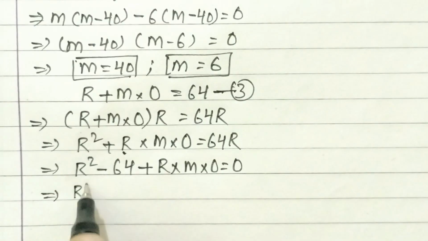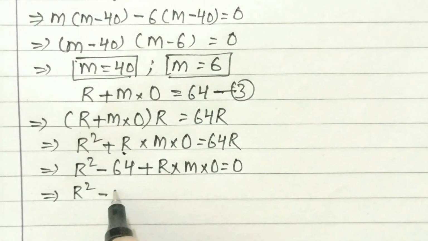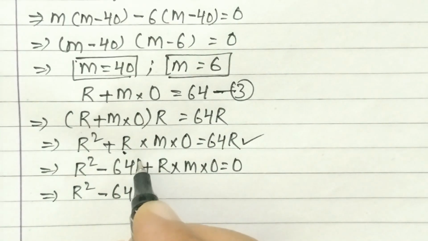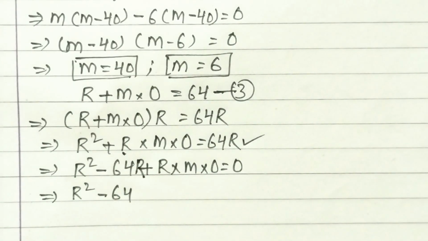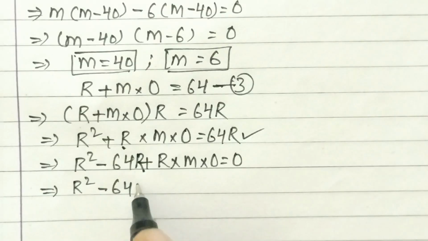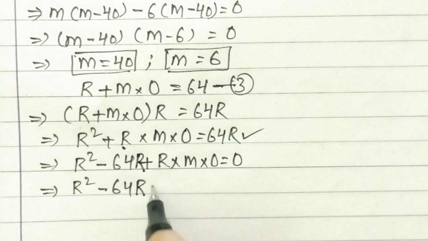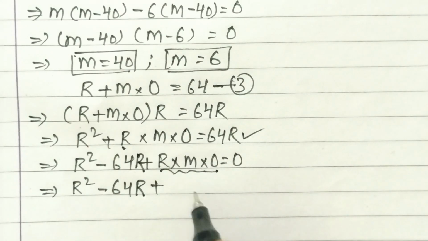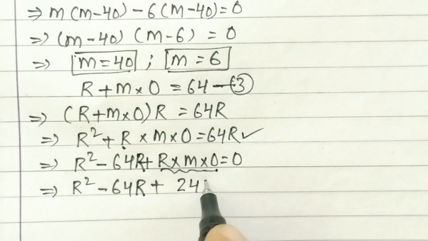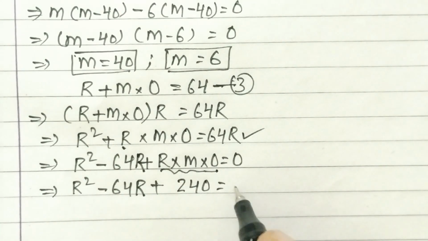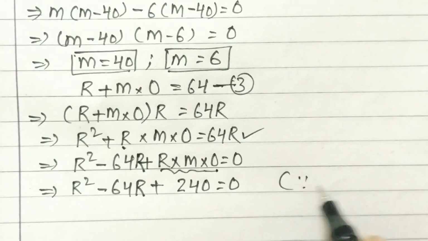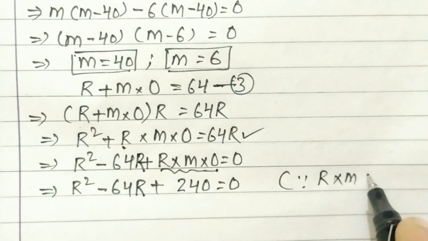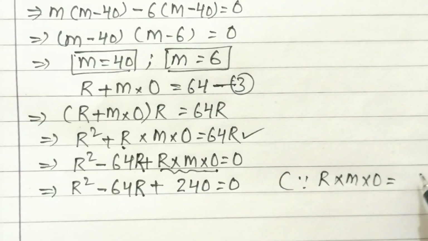So R square minus 64R plus R times M times O is equal to 0, and R times M times O is equal to 240 from equation first.